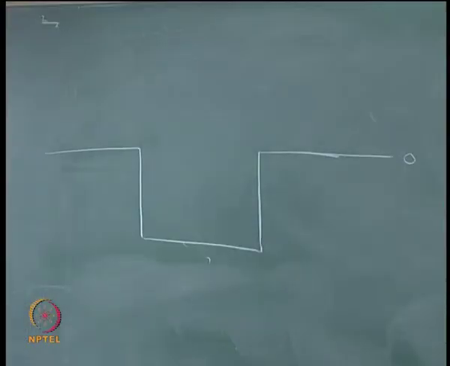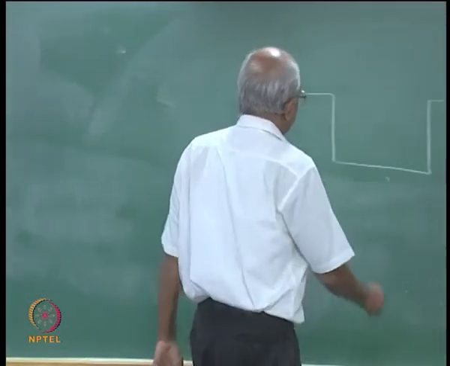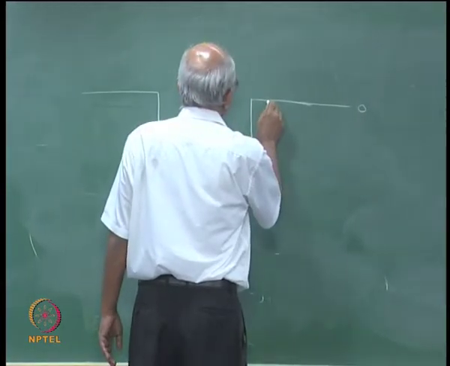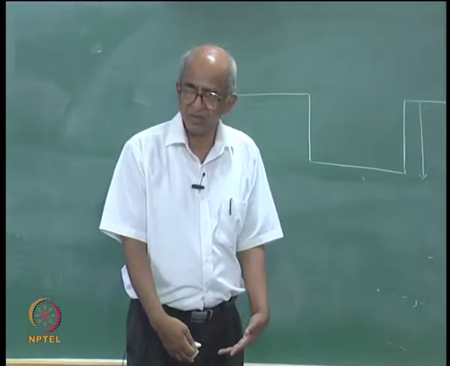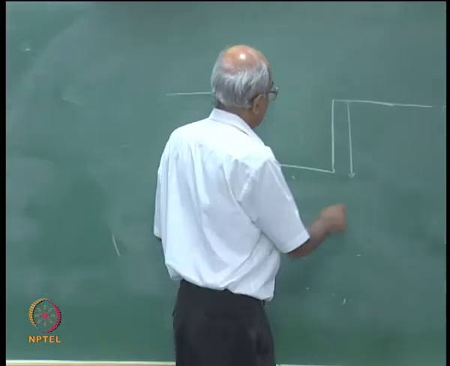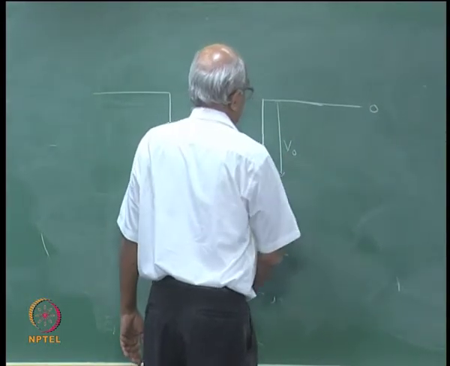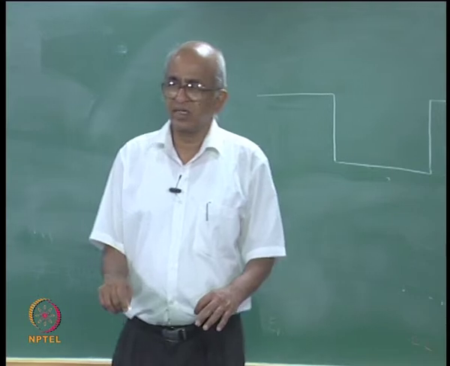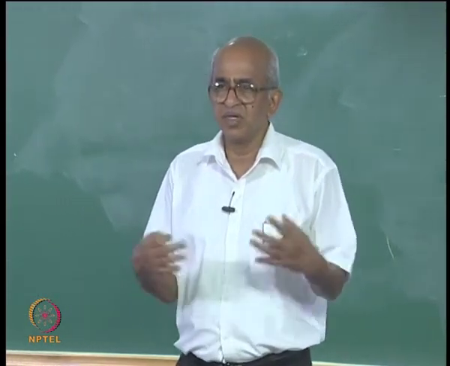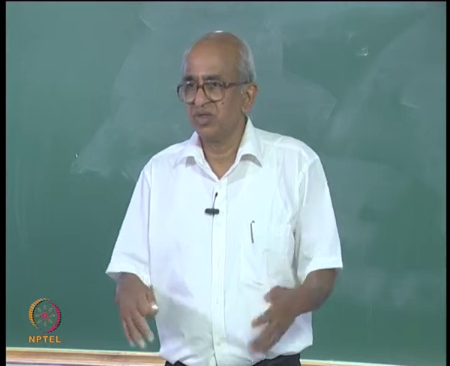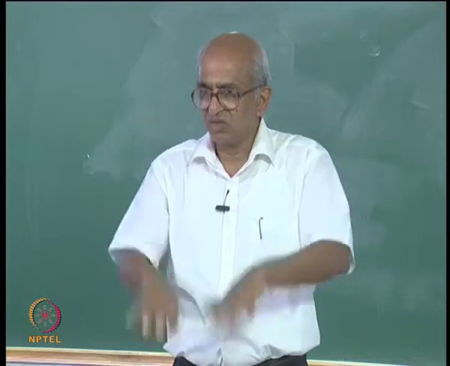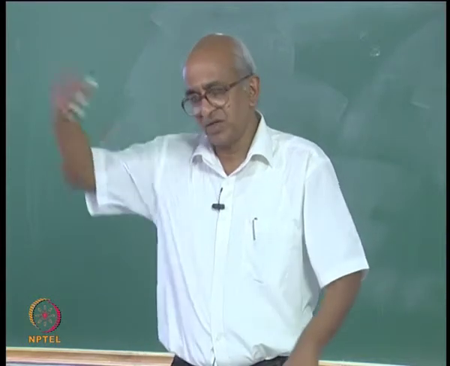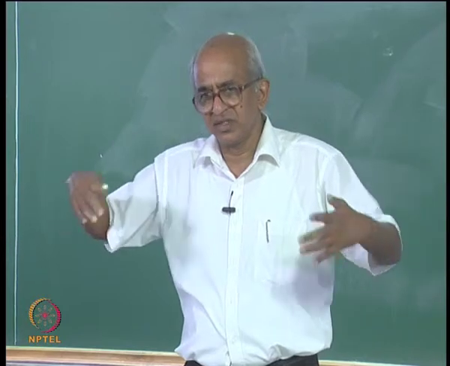Just for the sake of convenience, outside I am going to say the potential energy is 0, and if I put it like that, then within the box the potential energy is actually negative, right, and I will say that this height is equal to V0. So, if the particle is inside the box, its potential energy will be minus V0, because within the box the potential energy is low. But if it is outside, I will say the potential energy everywhere is 0.